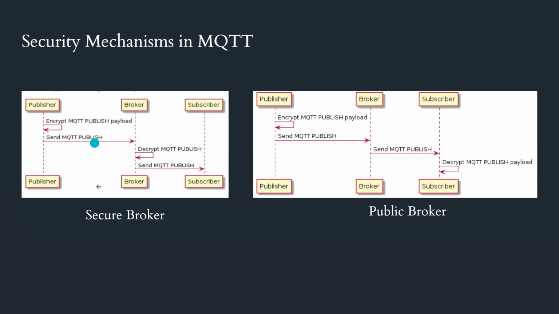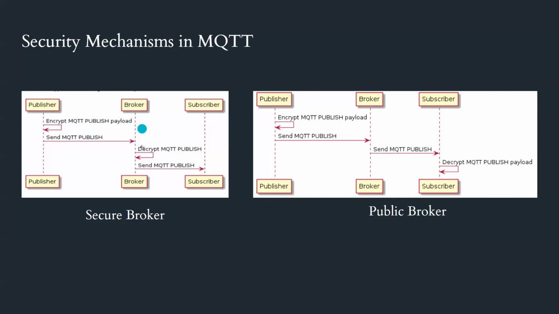In such a case where the broker is secure, we will be doing encryption on the data that we are trying to transmit. First, the raw data will be encrypted using a certain encryption algorithm, and the encrypted data will be sent to the broker.